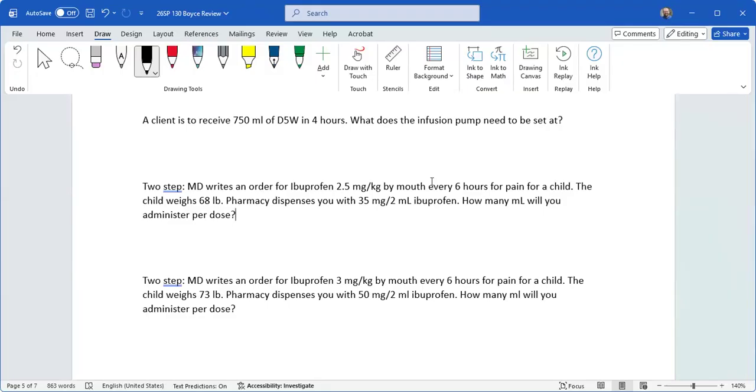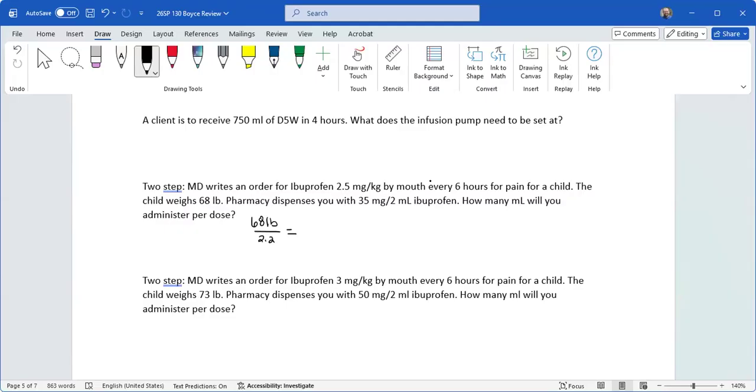For your oral based meds, I'm going to take the patient's weight in pounds and divide by 2.2 to get that into kilograms. Now, I typically take that number and round it to the nearest tenth, and I'm going to show you that whether you do or don't, it should still work out.